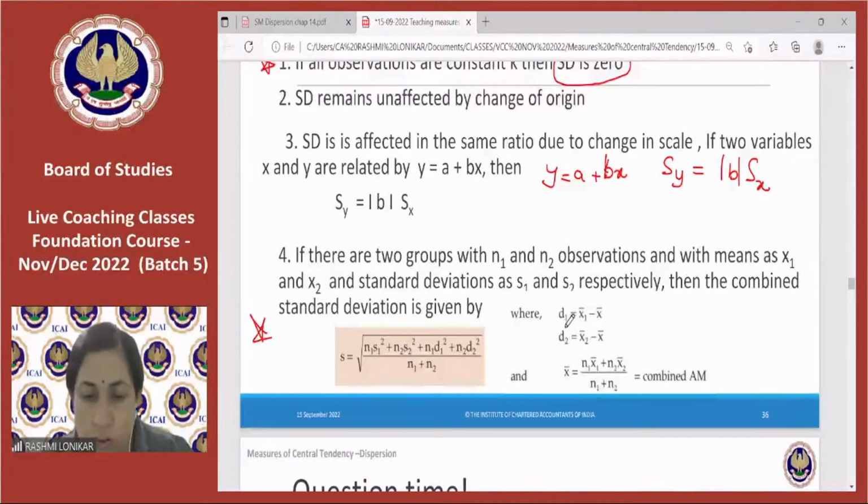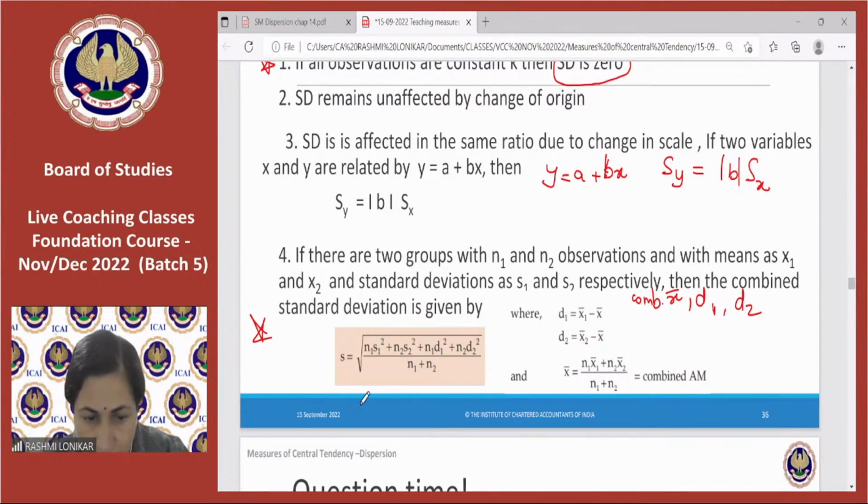So what I must find first, when I want to find the combined standard deviation, is first find x bar, the combined mean, then find the deviations d1 and d2, and then you find the combined standard deviation.